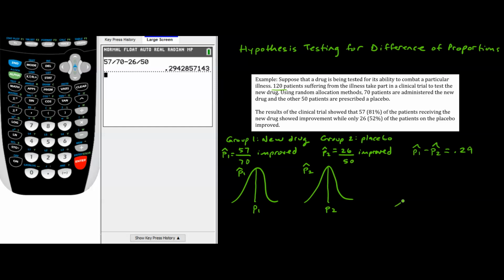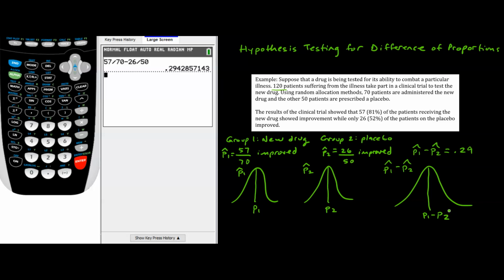But once again, p1 hat minus p2 hat, the difference of sample proportions, is also approximately normal itself. And the best part about this is the mean of this is p1 minus p2.